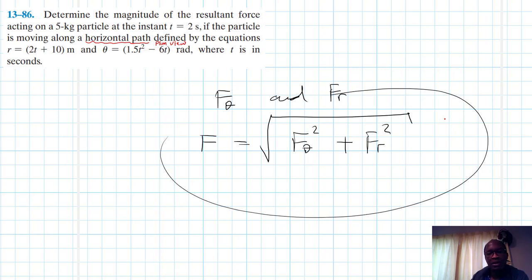So we are able to find the resultant force from the reactions. These are the reactions of the force on this particle. As the force is applied on the particle, the particle reacts, and we have these two forces, Fr and F theta.